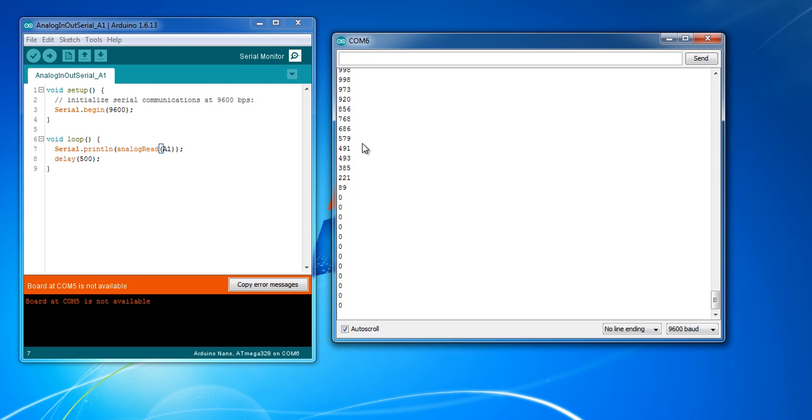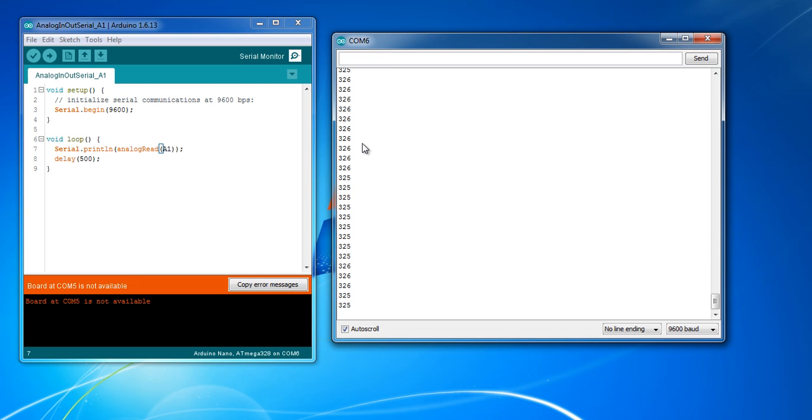So the question here is, what is this value and how do you turn this value into voltage, such as the 325? What is that in terms of voltage? What Arduino is doing is reading a number between 0 and 1023, and this value should be mapped between 0 volts and 5 volts.